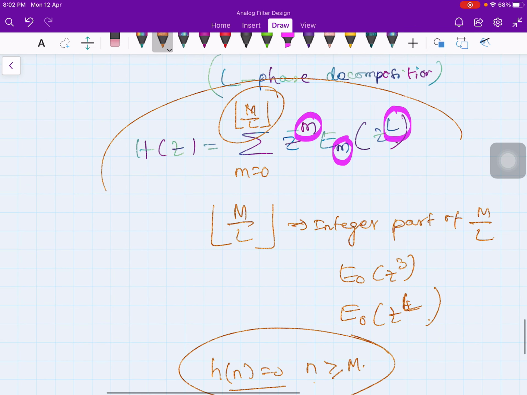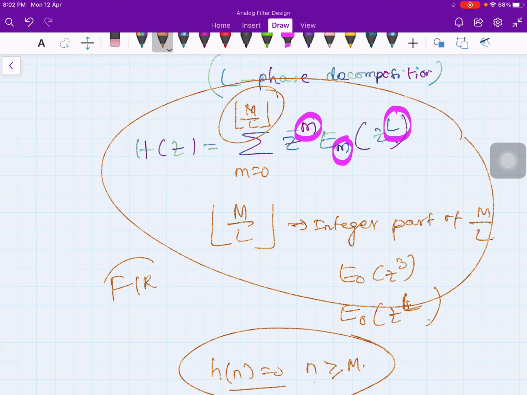Okay, so this is the general L phase decomposition of a length M FIR filter.